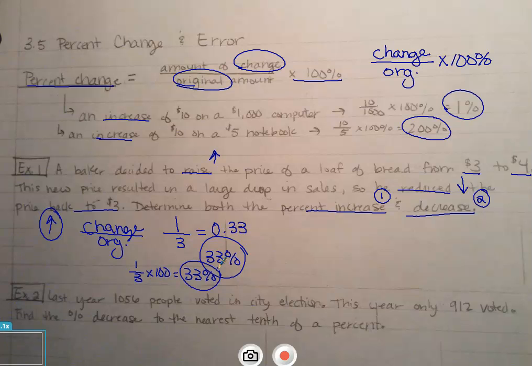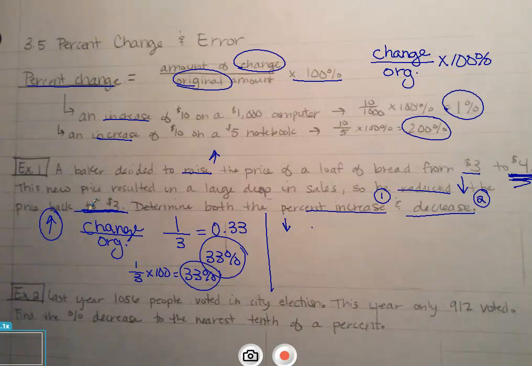However you do that, I'm fine with both of those. So I'm going to draw a line, and let's look at our percent decrease this time. They raised the price to $4, and now they decreased it back to $3.